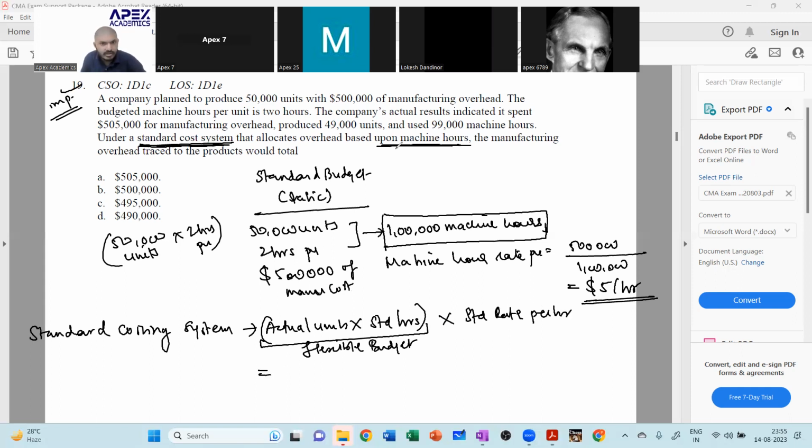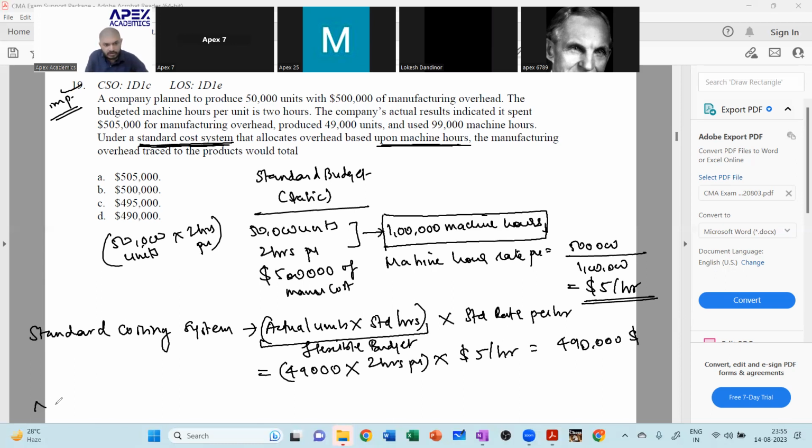So what are the actual number of units that you have? You have 49,000 units, multiplied by standard hours per unit. It takes you 2 hours per unit, at the rate of $5 per hour. So we are looking at 49 into 2 into 5. We are looking at $490,000.